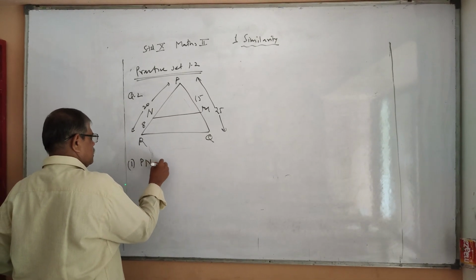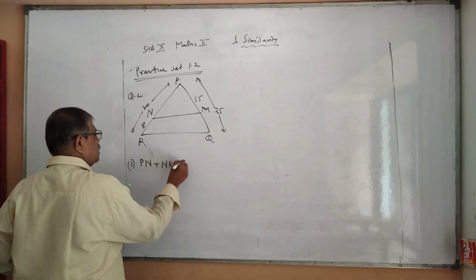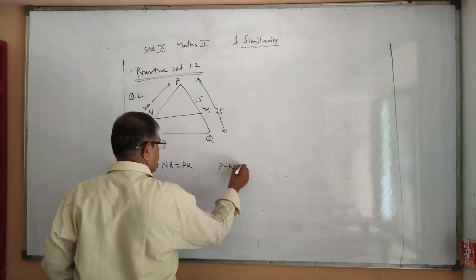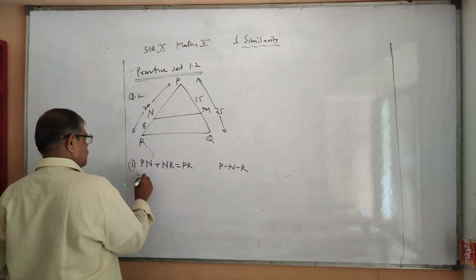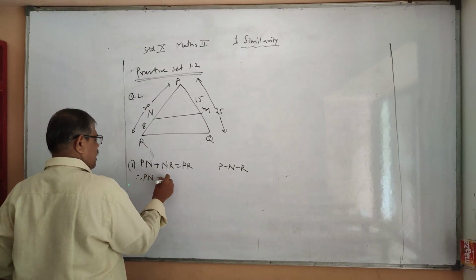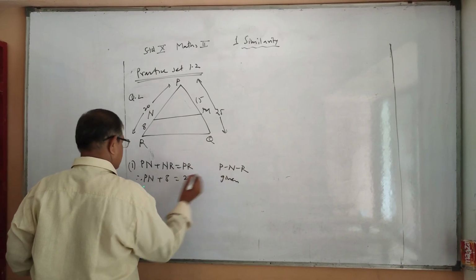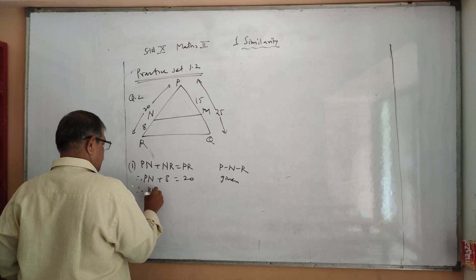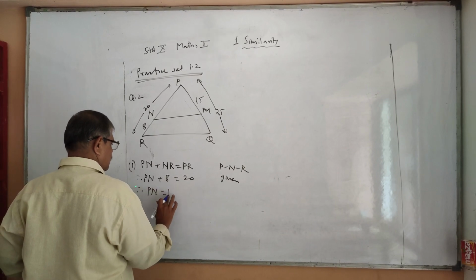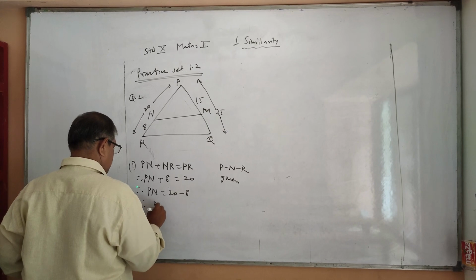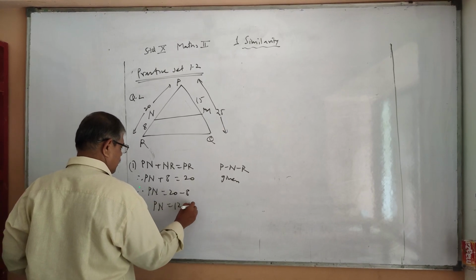PN plus NR is equal to PR, reason: P-N-R collinear. Therefore PN plus 8 is equal to 20, given. Therefore PN is equal to 20 minus 8. So PN is equal to 12 units.